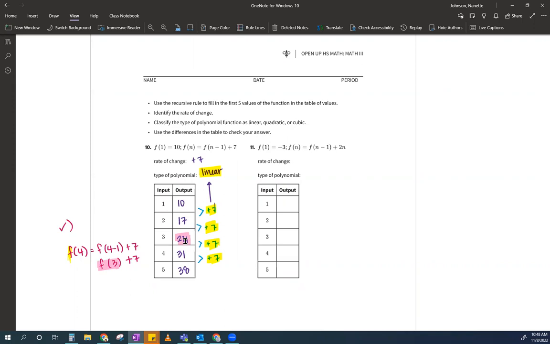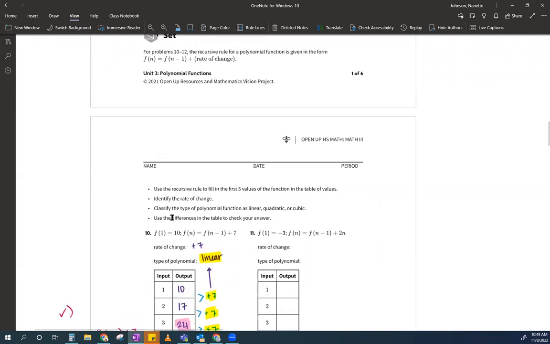And I'm hoping that 24 plus 7 is the same as this guy. That's what I'm hoping for. So 24 plus 7 is in fact 31. So then because this guy matches this guy, Miss Johnson is happy. Why is she happy? Because I did my work right. And that means that I can't get any points marked off, right? So I'm going to walk this through one more time just so we're on the same page.